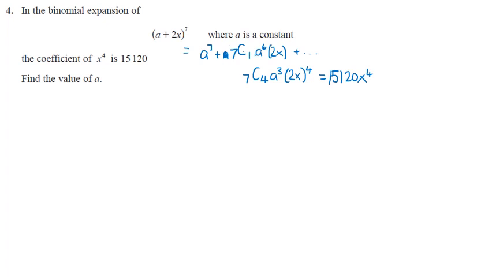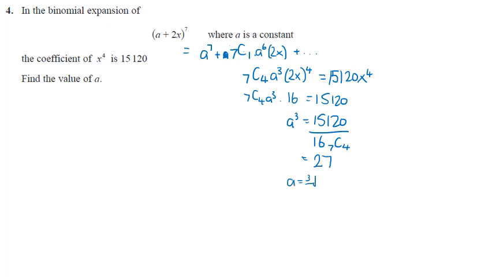So 7 choose 4 a cubed times 2 to the power of 4, so times 16, is equal to 15120. So a cubed is equal to 15120 over 16 times 7 choose 4. And then we can work all that out in our calculator and we get a cubed is 27. So a is cube root 27, which is 3.